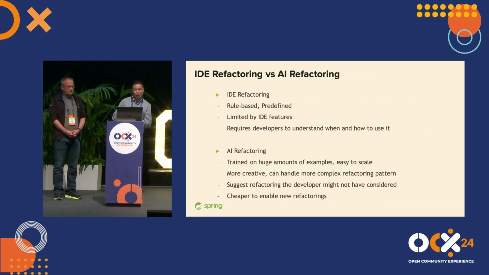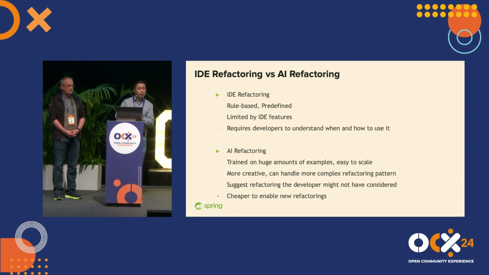So those are some Java refactoring scenarios. You can leverage AI chat to improve your Java development experience. Now we can compare the traditional IDE refactorings and the AI-based refactorings. In the traditional IDE, all refactorings are rule-based and predefined in the IDE. The feature set is hard to scale, so it's limited by the IDE.